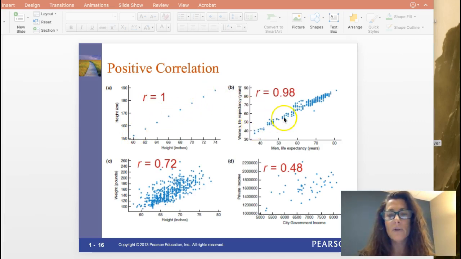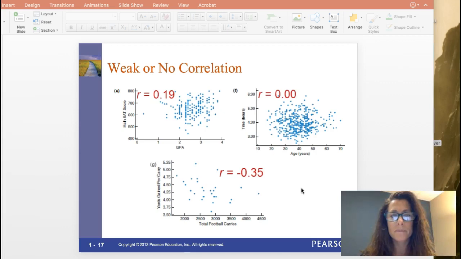The second one, you get a little bit of scatter, but it's 0.98, so it's very strong correlation. In the third one here, it's 0.72, so you are still pretty strong, but you can see it's definitely not as strong as when the data was all tightened together. And in this case, on D, 0.48, you might have a positive correlation, but it's pretty weak.